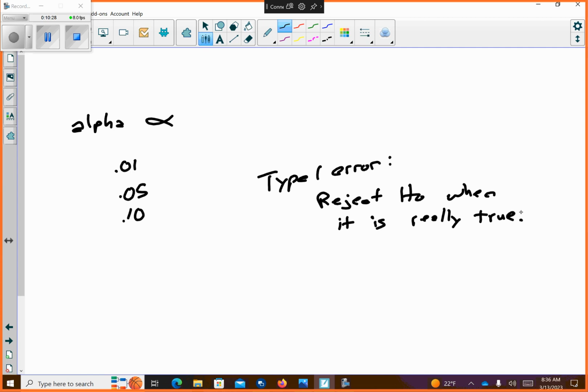It's a real thing, yes? Okay, so a real loose way of saying a type 1 error is we reject the null when it's really true. So our null hypothesis is the person did not commit the crime. That's our null. Our alternative, the person did commit the crime. So a type 1 error in that situation is we reject the null. So we said, hey, the person did the crime. But the null was actually true. They didn't.